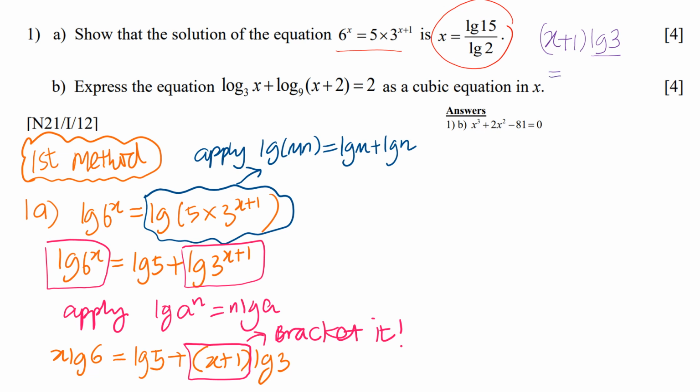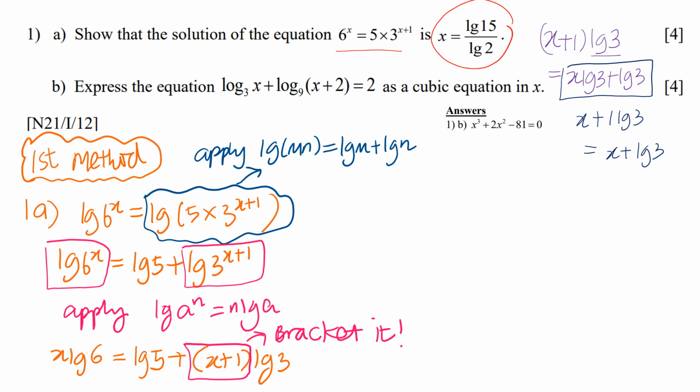If you were to simplify it, it will give you x times log 3 plus log 3. But if you don't bracket it, basically it's just x plus log 3. And of course, x plus log 3 is not the same as x log 3 plus log 3. Therefore, you have to bracket it.